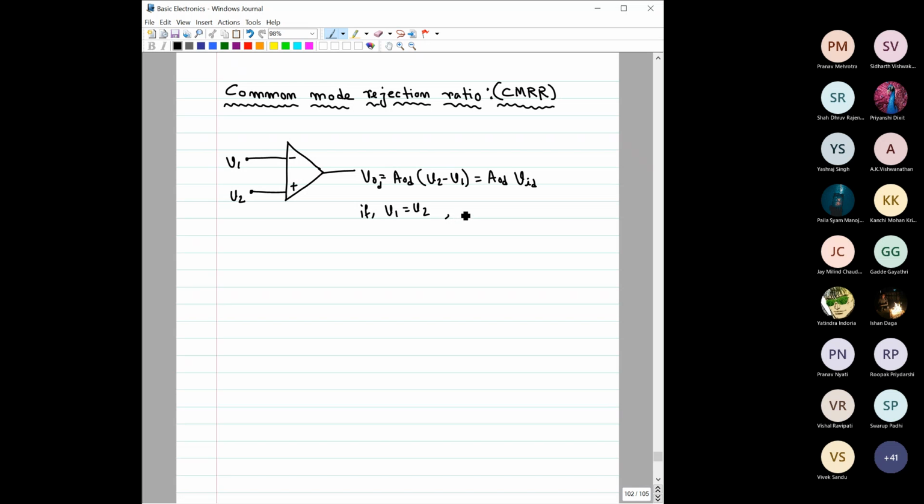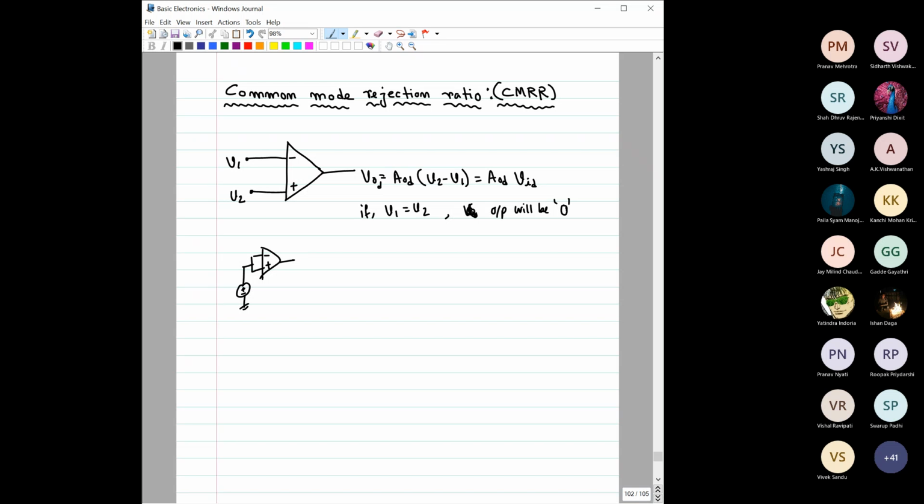Then you would expect the output to be 0, right? That is true for an ideal op-amp. But for a practical op-amp, even if you have shorted these two and connected some voltage like this, the output voltage will not be equal to 0. You will get some finite output voltage.